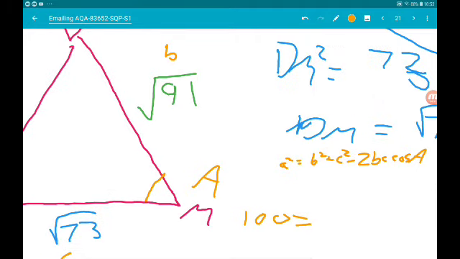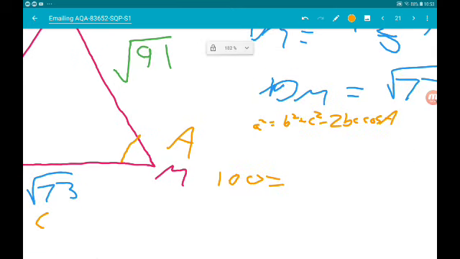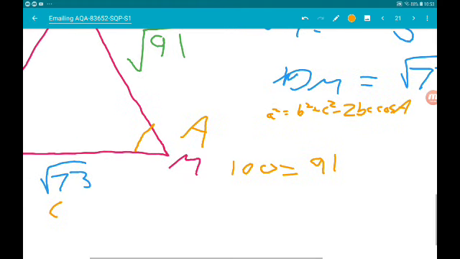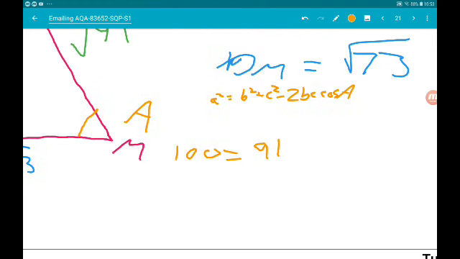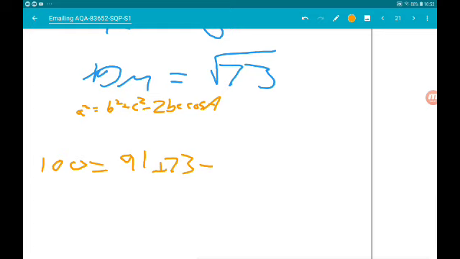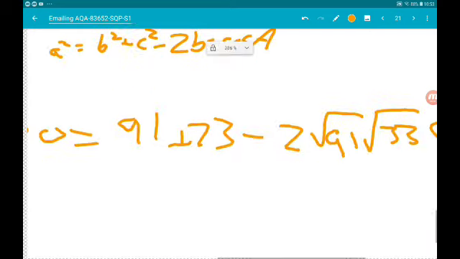So root 91 squared is 91. Add root 73 squared, so that's add 73. Minus 2 root 91 root 73 cos of A.